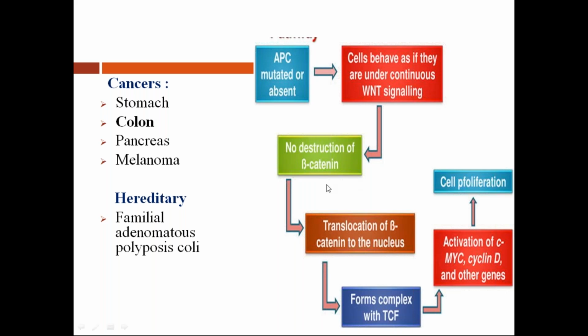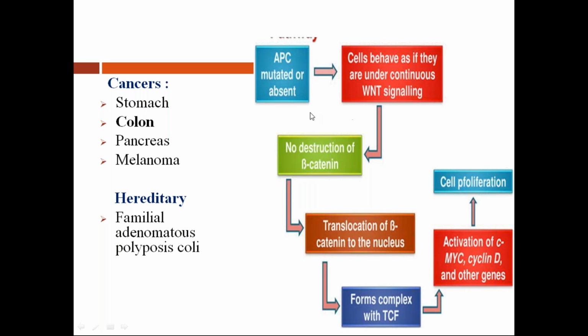There won't be any destruction of the beta-catenin, so it gets translocated to the nucleus. It forms a tight complex with the transcription factor, and it activates the MYC gene, the cyclin E, and the other cell cycle proteins. So the cell is always multiplying, always there in the cell cycle.